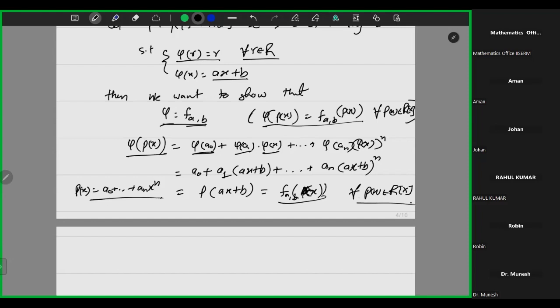I should not write here "for every". What is wrong in here? Can you point it out? Why should I not write here for every p(x) belonging to Rx?